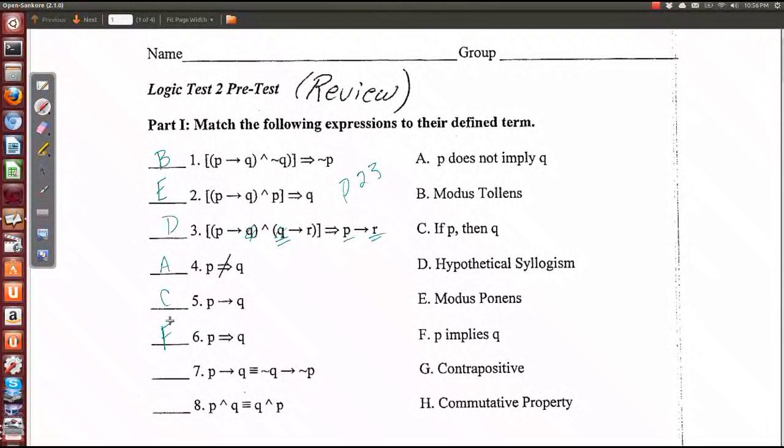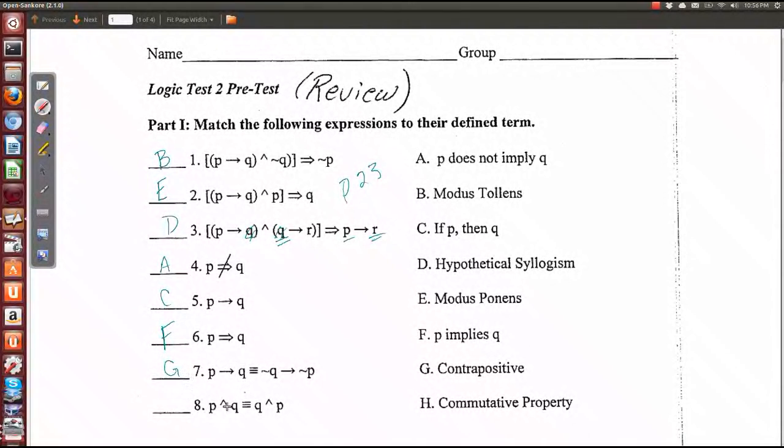And then we have a couple of topics from page 11. The idea is that if I have a conditional and I exchange and negate the antecedent and consequent, I have a contrapositive.